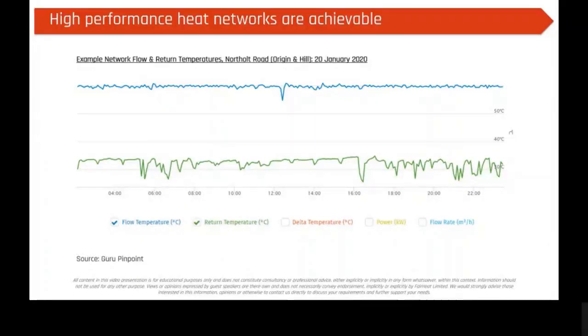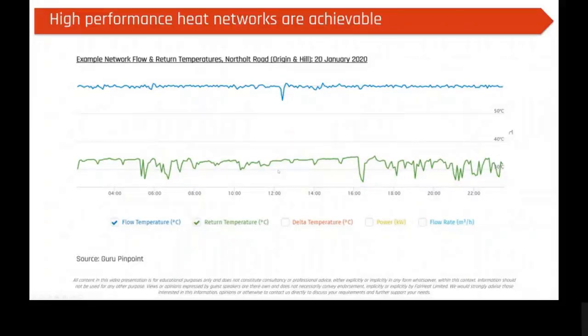But also the return temperature, which is the green line. Variable is okay. That will vary depending on whether people are using hot water, where you get very low return temperatures, or if they're using space heating, it might be slightly higher, but not creeping above 35 degrees, and it's an average of about 30 degrees.